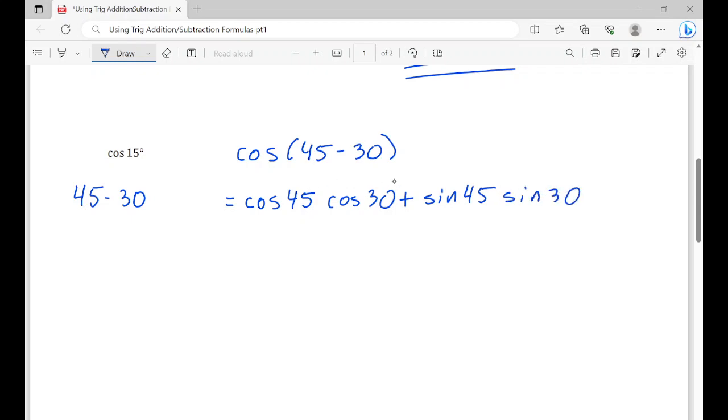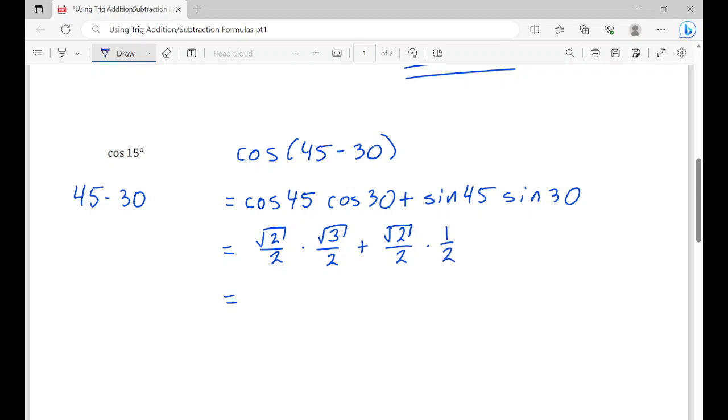And then I figure out what each exact value is. So cosine of 45 is square root of 2 over 2. Cosine of 30 is square root of 3 over 2. Sine of 45 is square root of 2 over 2. And sine of 30 is just a half.